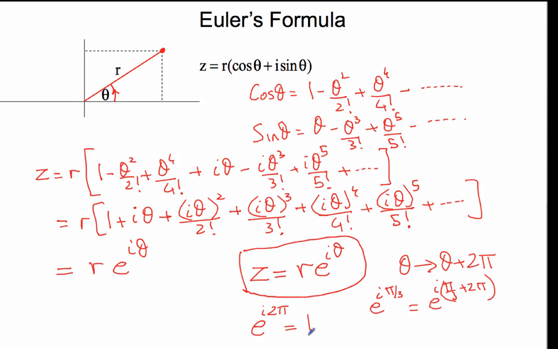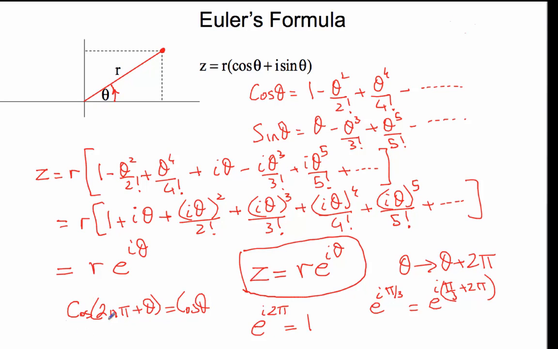And e to the i 2 pi times any integer is 1. And that's basically because of the periodicity of cosine of theta and of sine of theta. We all remember from trigonometry that cosine of 2n pi plus theta is the same as cosine of theta.